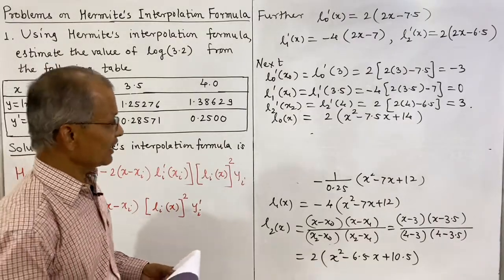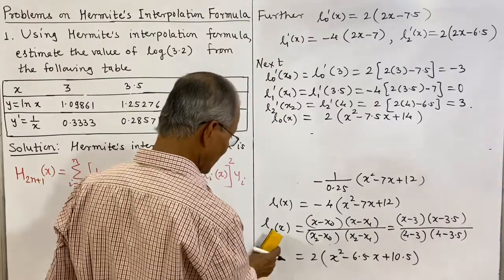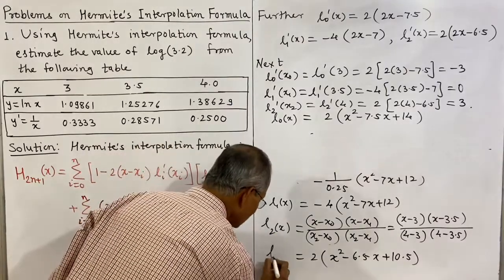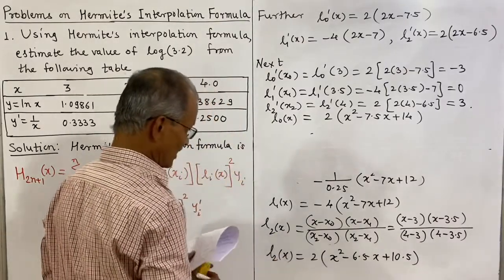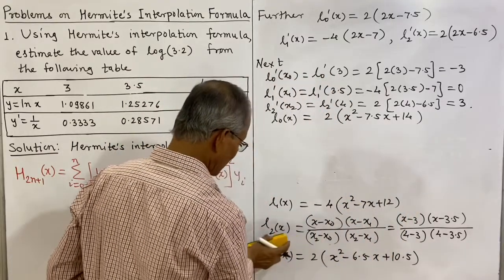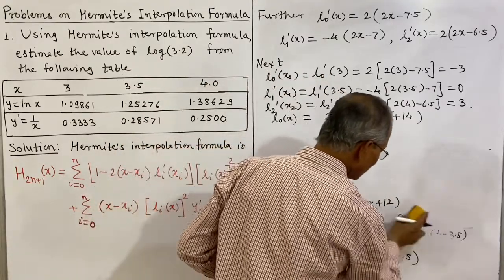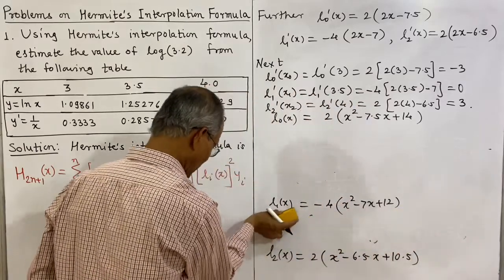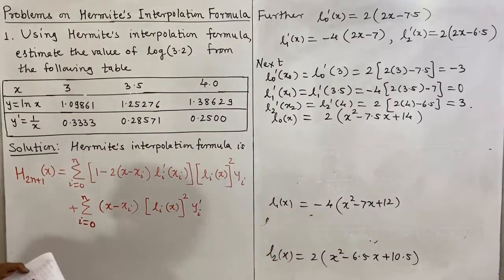So thus we have obtained L0, L1, L2, this is L2 x, and this is L1. So we now can use these values in the formula. So Hermite's interpolation formula is written here.